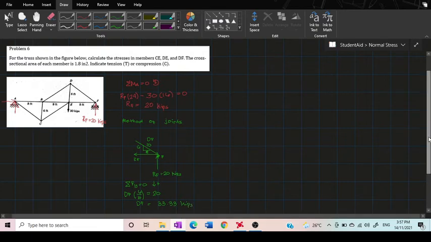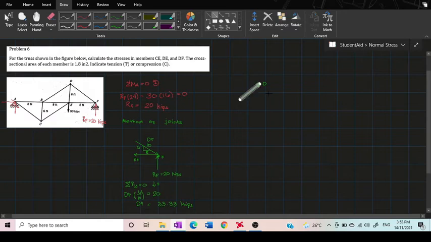Next, for joint D, we have force BD. Now remember that BD also has the same distances as DF, so we have 6 and 8.